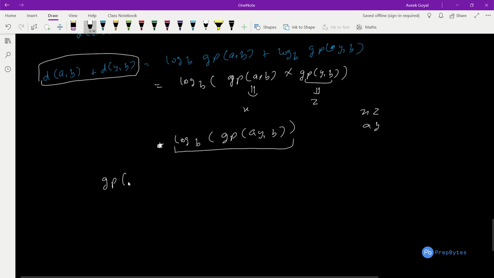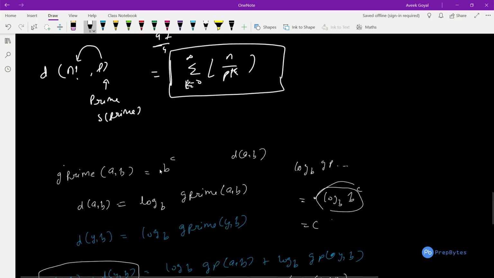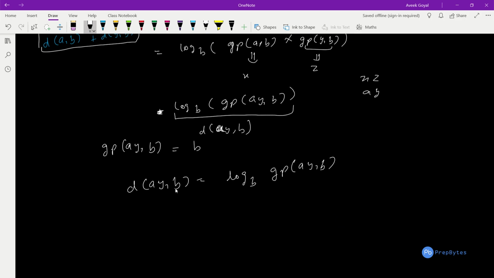If I write gp(a·y, b), it is nothing but b to the power of d of (ay, b). Correct? Same, just see it from above. Now if I just log it, it will be d(ay, b) equals log_b of gp(ay, b). Correct? So in place of this I can easily substitute this.